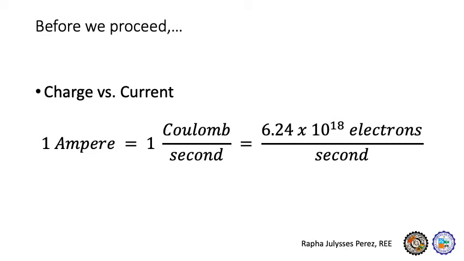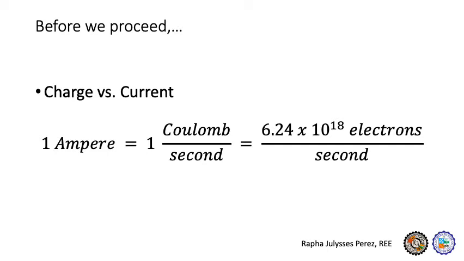So that's a huge amount of electrons that is inside a charge. And basically, we are saying here that 1 ampere is equal to 6.24 times 10 to the 18 electrons that flow in every second. So that's a huge amount of electrons that flows in every second, if we break down how many electrons there are in 1 ampere of current.